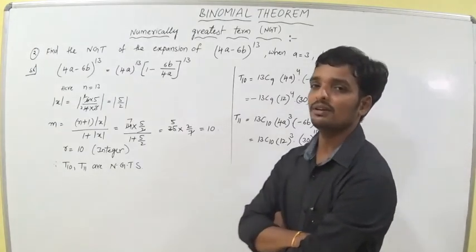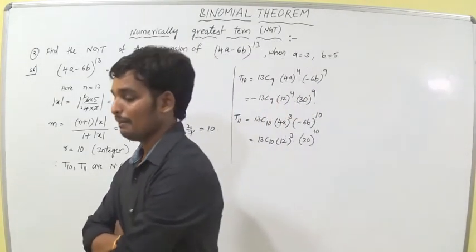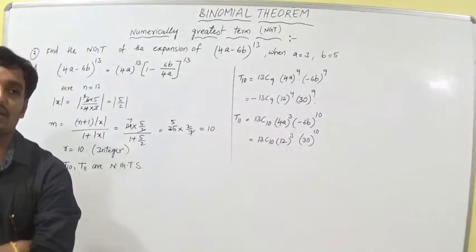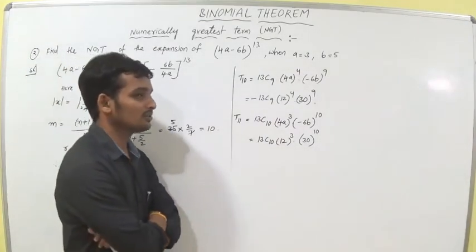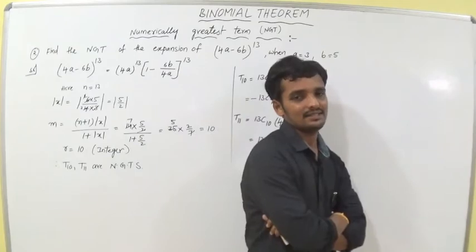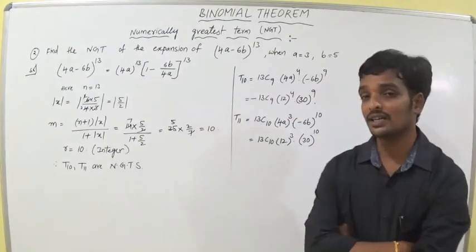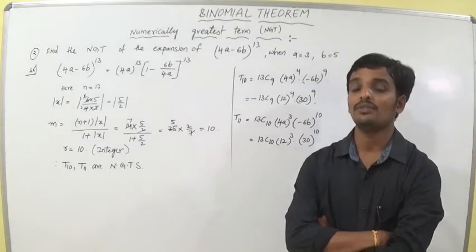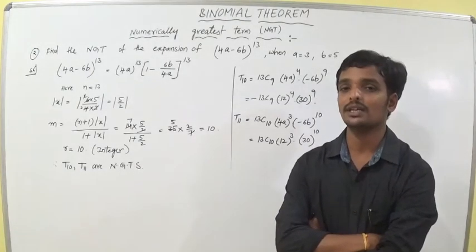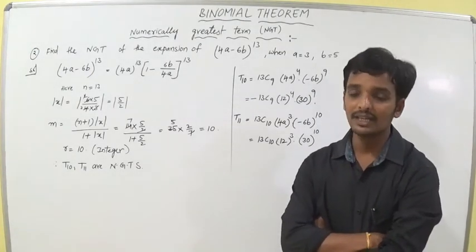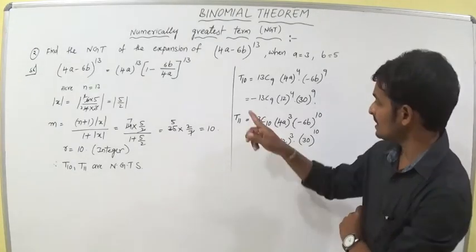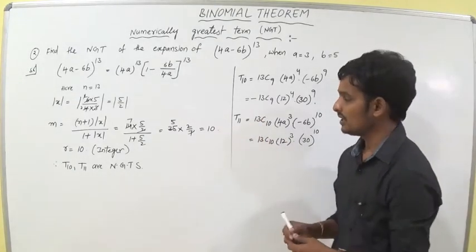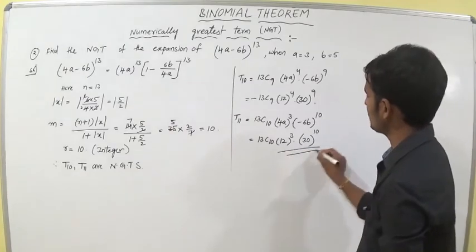Why are they equal? There is nothing for minus here, that's why we are finding the absolute value. If you get minus 810, it becomes plus 810. Here also plus 810. Therefore these are the numerically greatest terms.